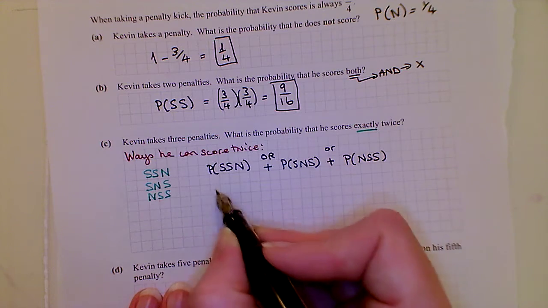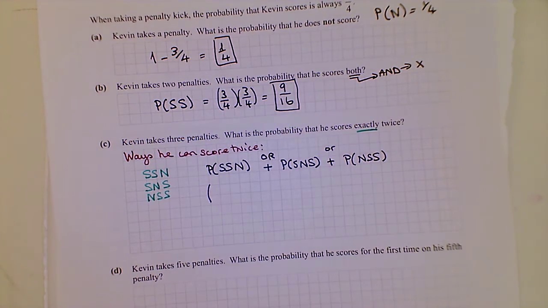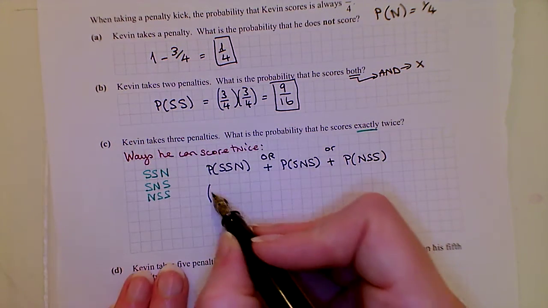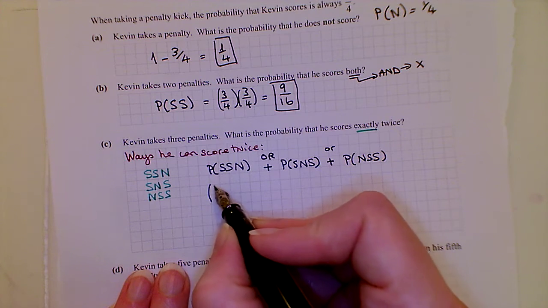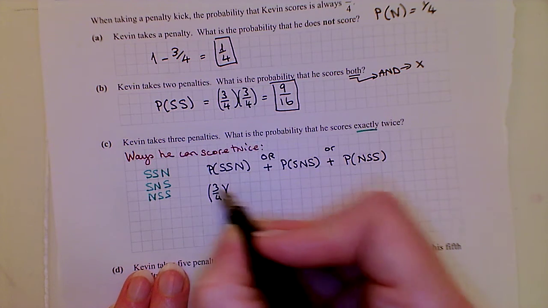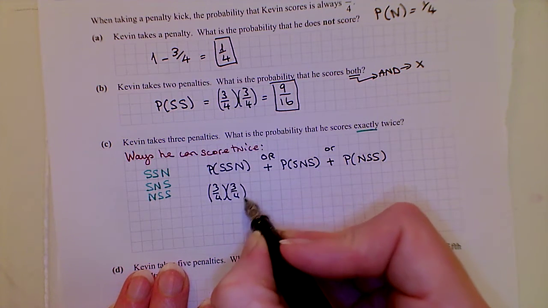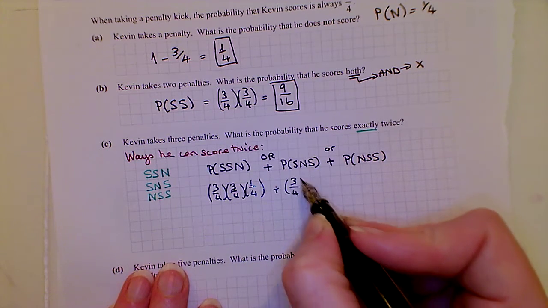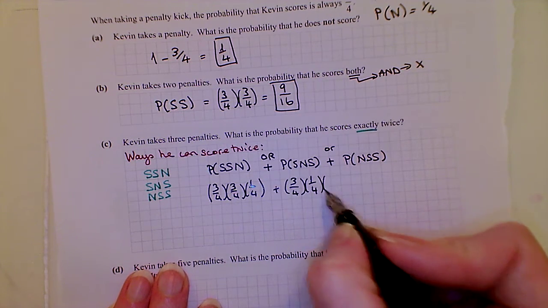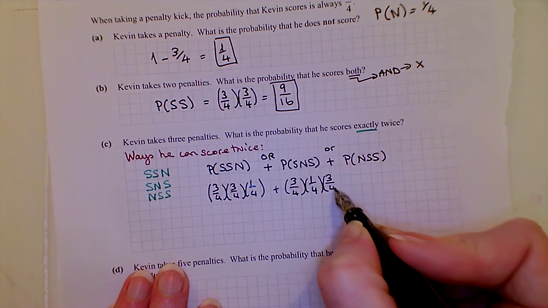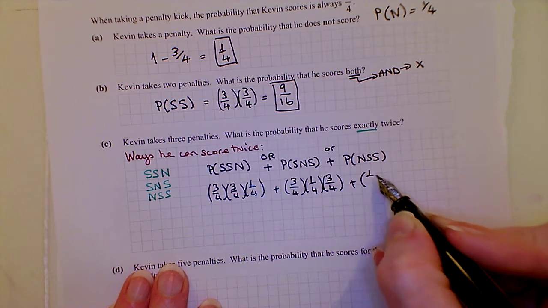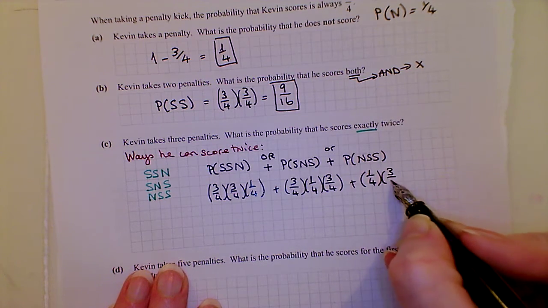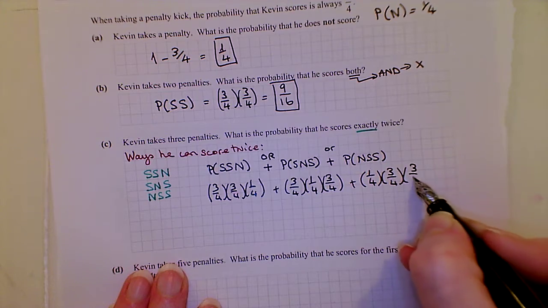So you can hear him saying and there, which means we're going to be multiplying our answers. He scores 3/4, 3/4, 1/4. These are actually all the same because multiplication is commutative. We're keeping ourselves honest by doing it like this.